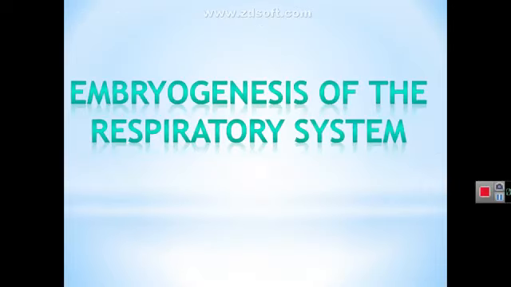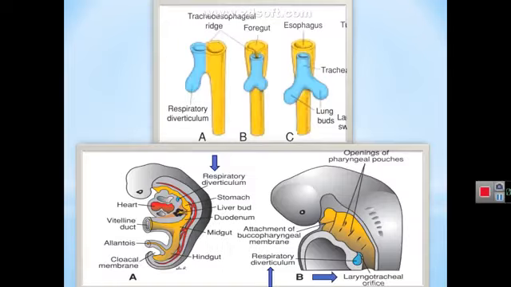Second part of this lecture is about the development of the respiratory system. When the embryo is 4 weeks old, the respiratory diverticulum or lung bud appears as an outgrowth at the ventral wall of the foregut.